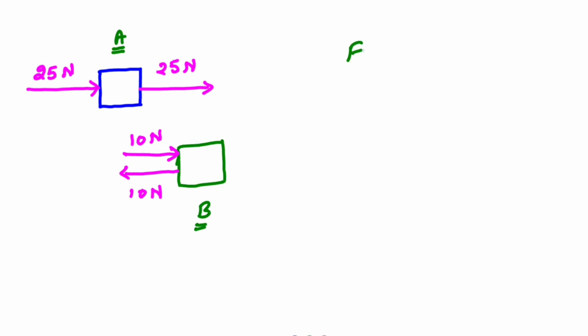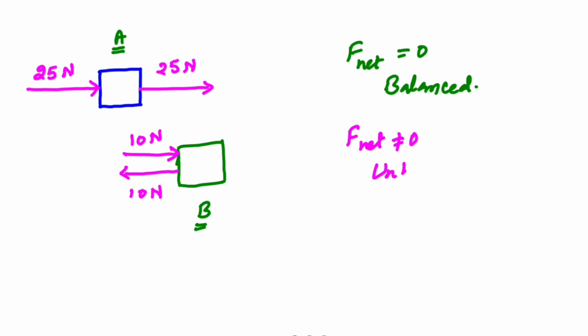Whenever net force acting on the object is 0, then we say that those forces are balanced. Very simple. Clear? When the net force acting on the object is not equal to 0, it is something 2 Newton, 3 Newton, 5 Newton, 10 Newton, whatever it may be, then we say that the forces are unbalanced. Very simple, my dear.